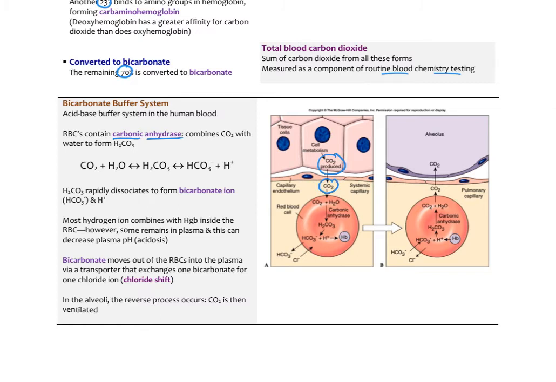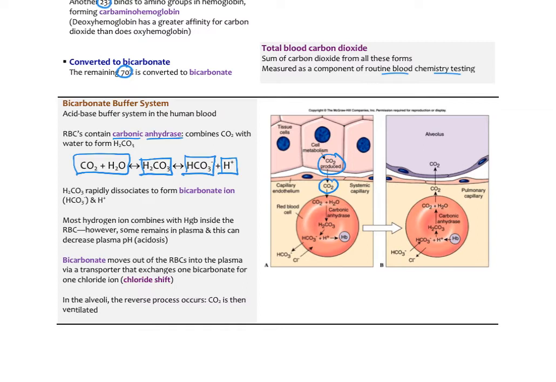In the red cells, carbonic anhydrase combines carbon dioxide with water, and that makes carbonic acid, H2CO3. And then H2CO3 dissociates into bicarbonate anion, HCO3-, and a proton.